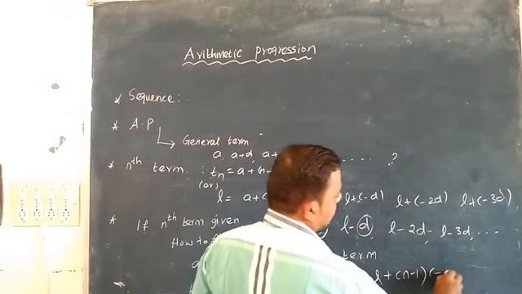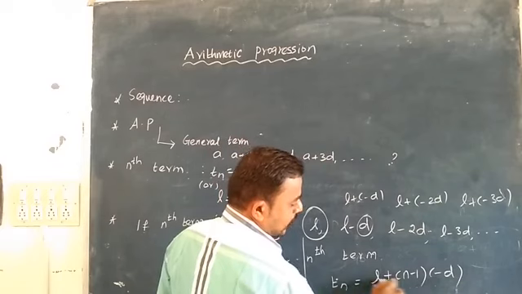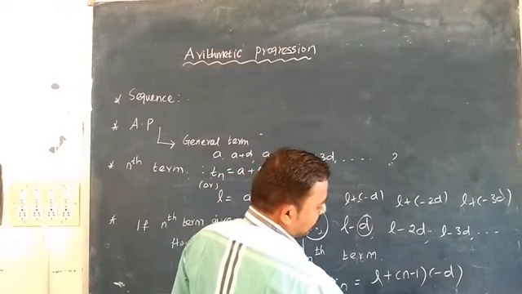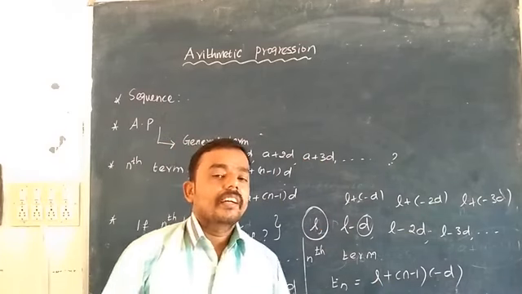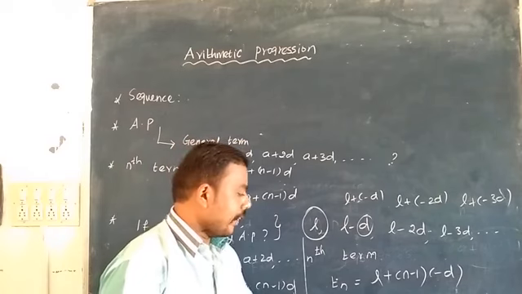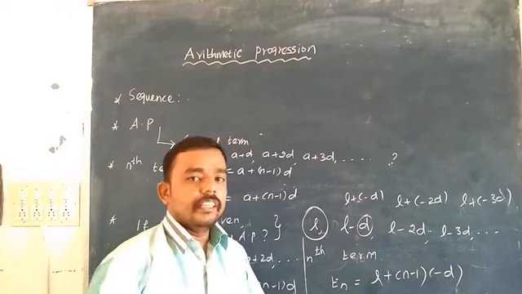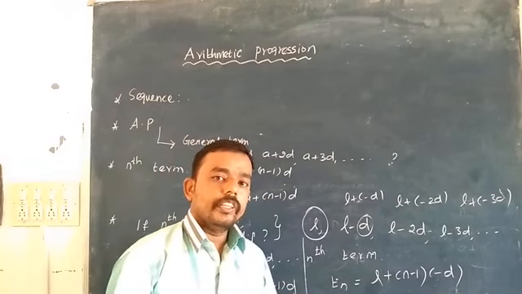So here also minus. So Tn equal to l minus n minus 1 into d. If the last number is given, we can find that AP by using a plus n minus 1 d, but we need it from the last, which means l minus n minus 1 d.